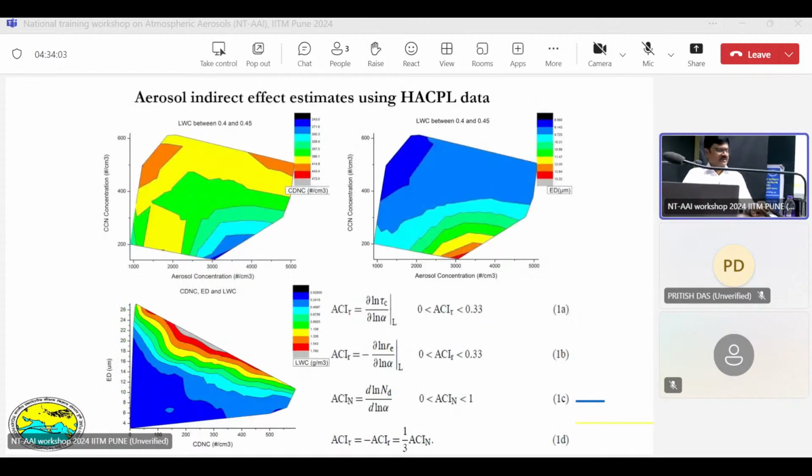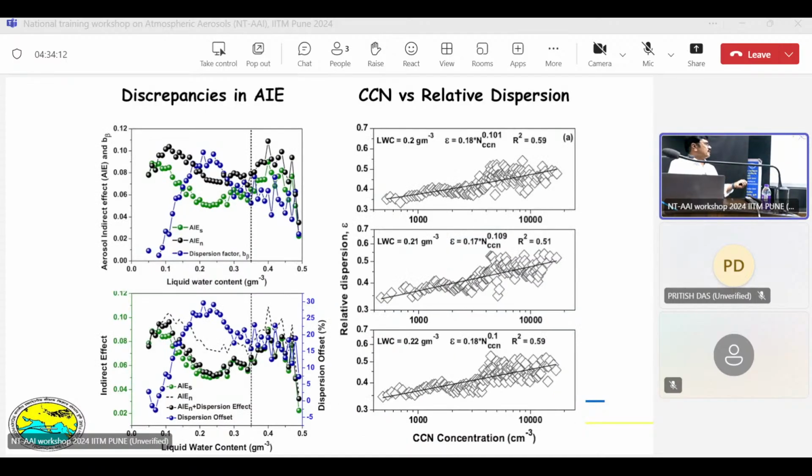As I mentioned, there are two different methods, with the number or with the droplet size, but the values need not be the same. We notice that if you estimate the indirect effect through both the number and size, there are some discrepancies, mainly because when the cloud condensation nuclei increase, the dispersion of the distribution also gets altered.